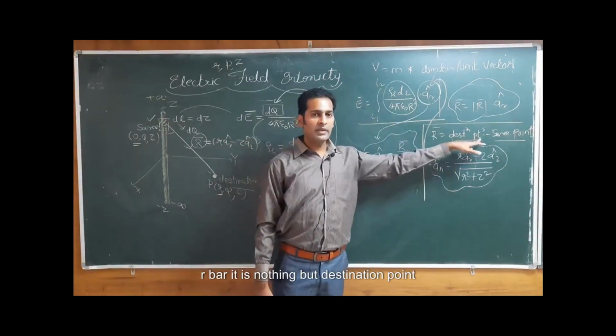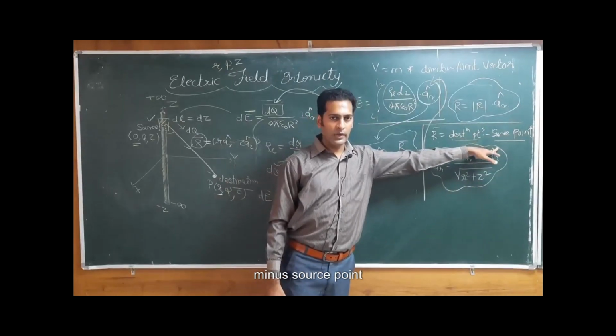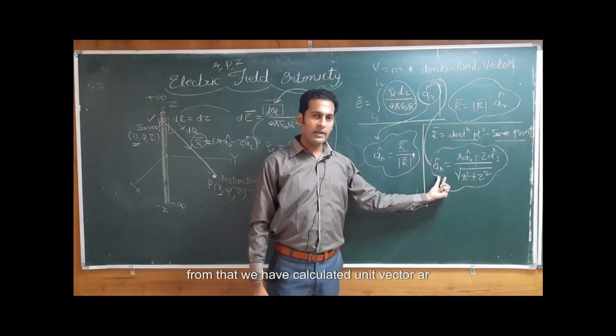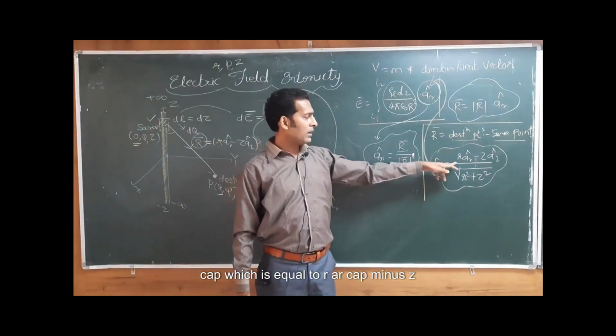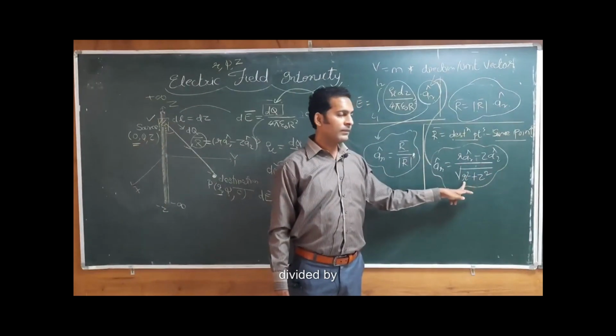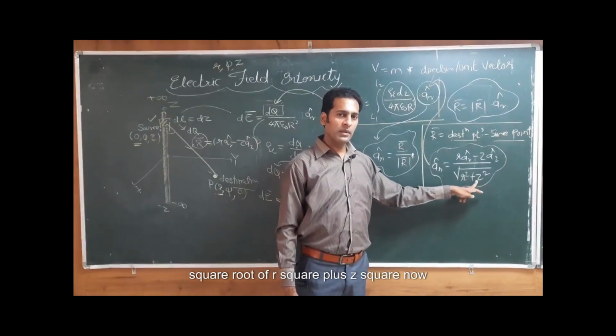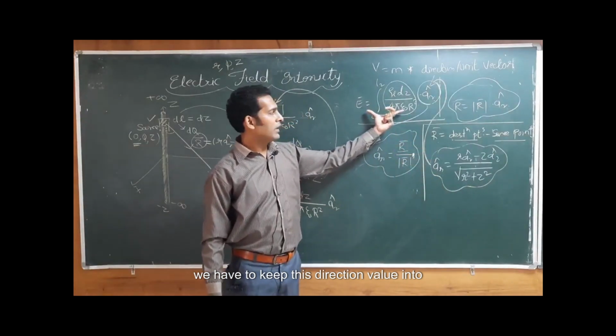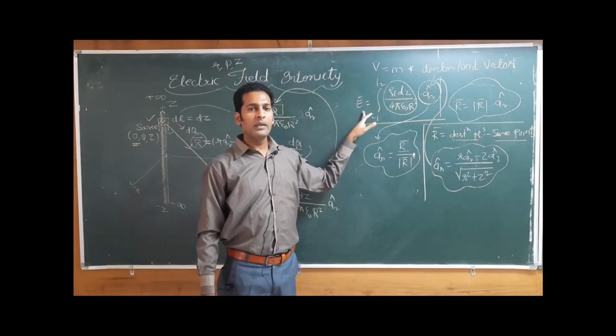It is nothing but destination point minus source point. From that we have calculated the unit vector ar cap, which is equal to r ar cap minus z az cap divided by square root of r square plus z square. Now we have to keep this direction value into the total vector E bar.